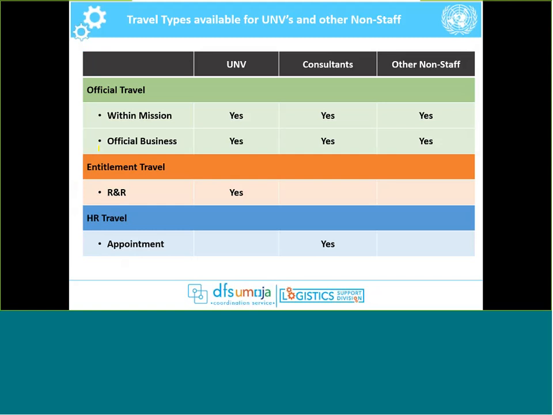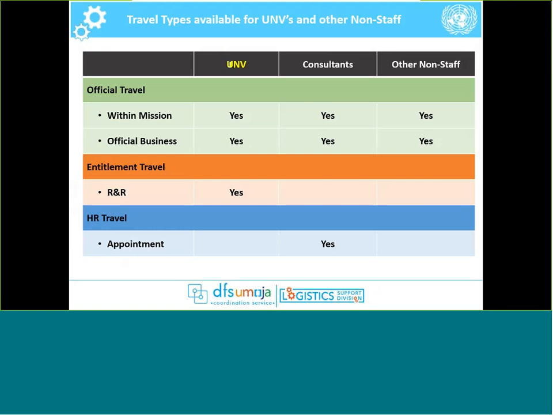Starting from 15th June, we are able in Umoja to raise travel requests for other categories like national staff and uniformed personnel. Last week we had sessions for travel administrators for uniformed personnel, and today we want to focus on the travel administrators for UNVs and other non-staff.